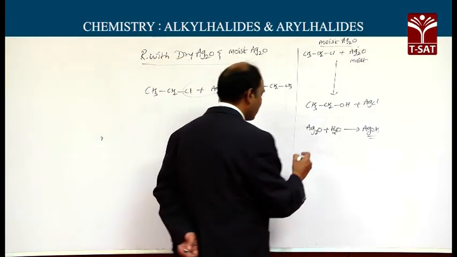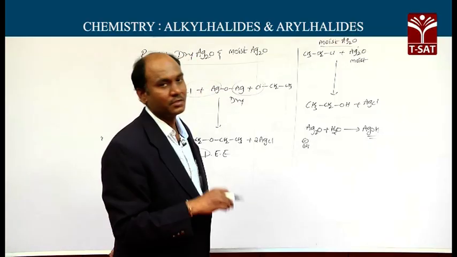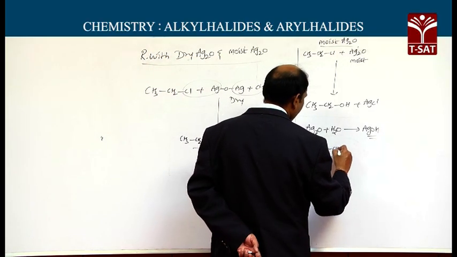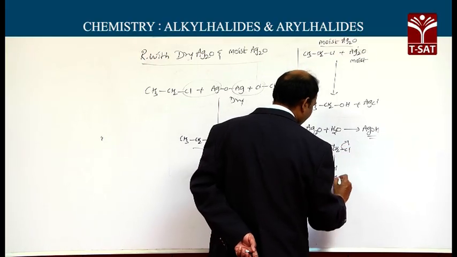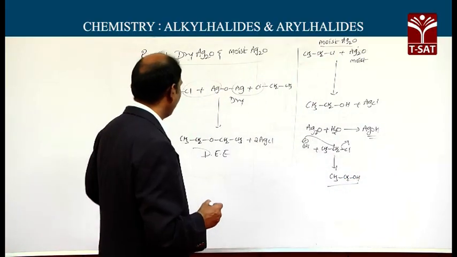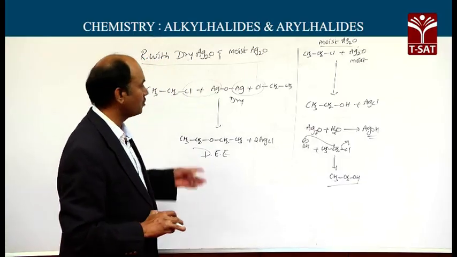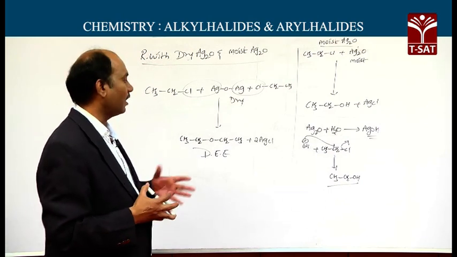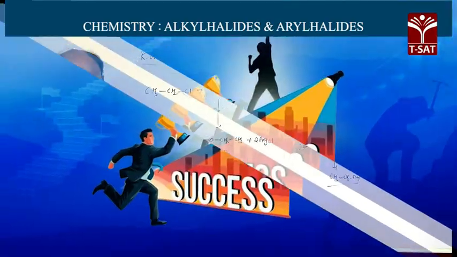Here OH minus acts as a nucleophile, that is, nucleophilic substitution takes place. This OH minus attacks CH3CH2Cl, the elimination takes place, and what we get is CH3CH2OH. So this is also nucleophilic substitution, but the condition here is moist Ag2O, while the earlier one was dry Ag2O. In moist Ag2O, alkyl halides are converted into alcohols; in dry Ag2O, they are converted into ethers.